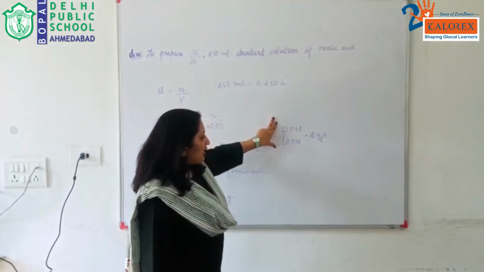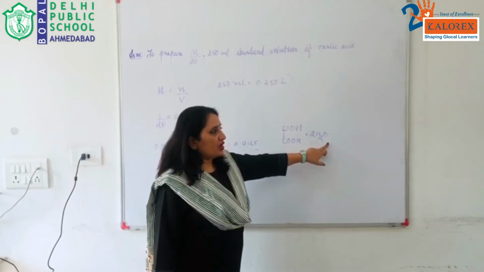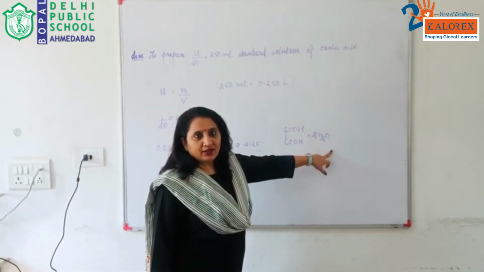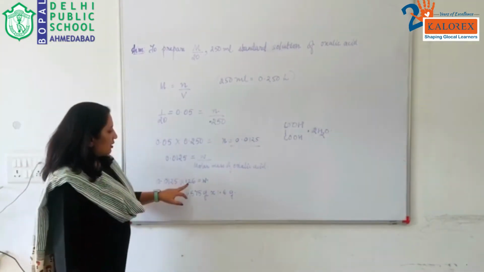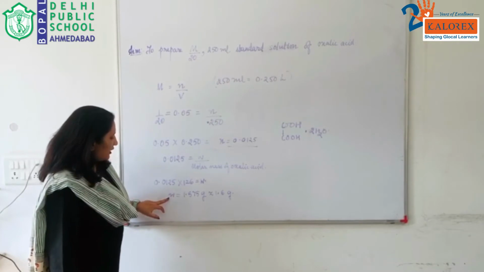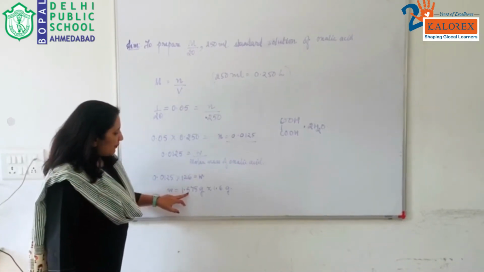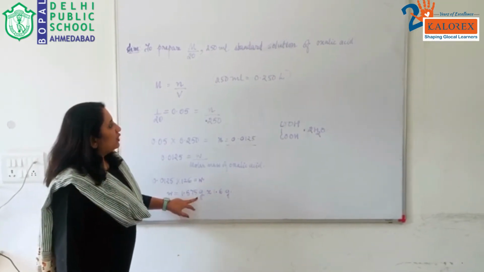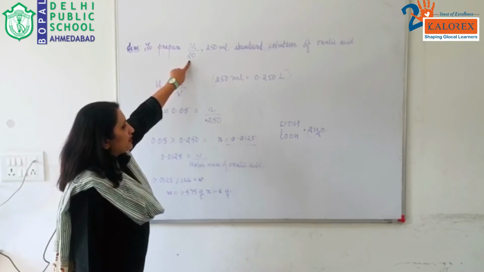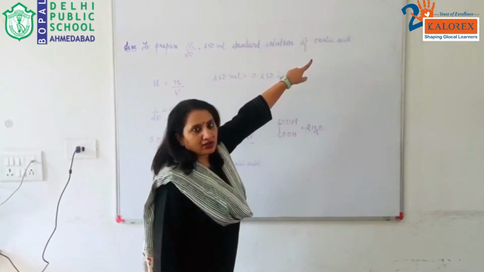So the formula is (COOH)2·2H2O, which is equal to 126 grams per mole. So I have taken 126, multiplied, and here I get the mass of oxalic acid as 1.575 grams, which is required to prepare M/20 250 ml standard solution of oxalic acid.